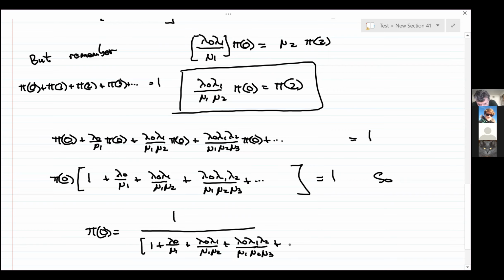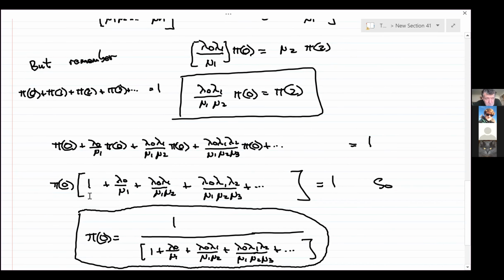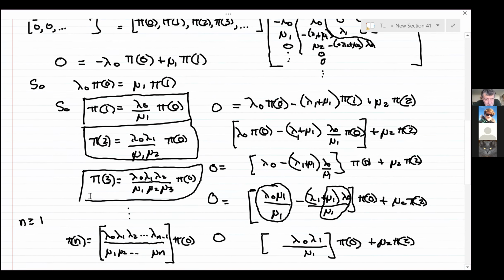It's an infinite series. So this is what pi 0 is. But once you know pi 0, you can go back here and get all the others.